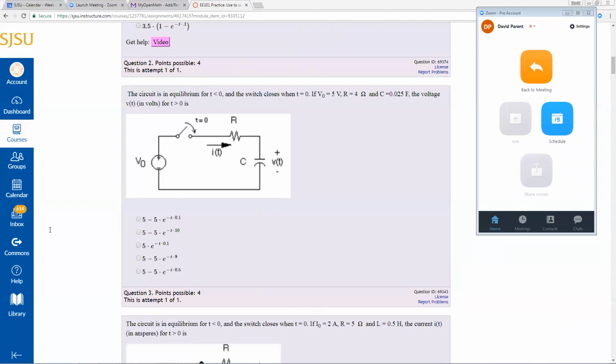Oh, no. I kind of need more info, right? Because the thing is, this starts off at 0, the switch closes, and it will charge up to V naught.